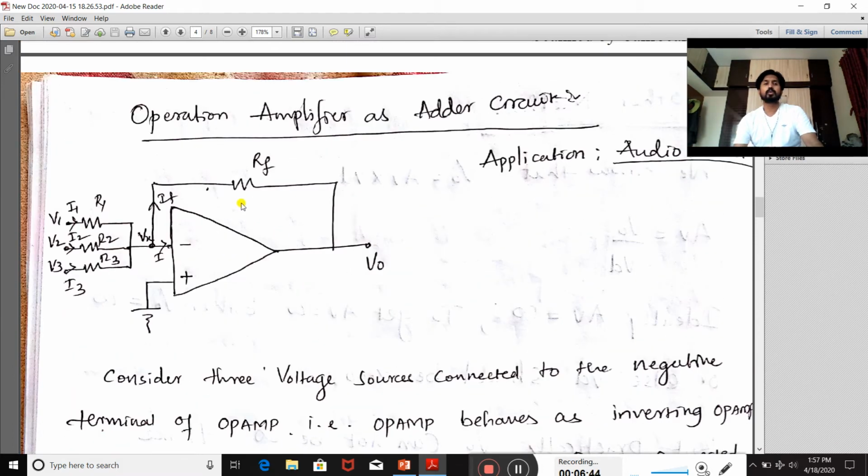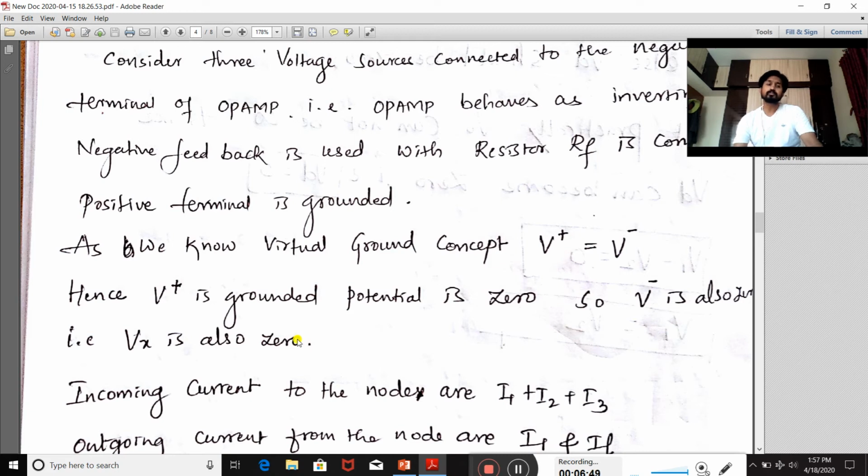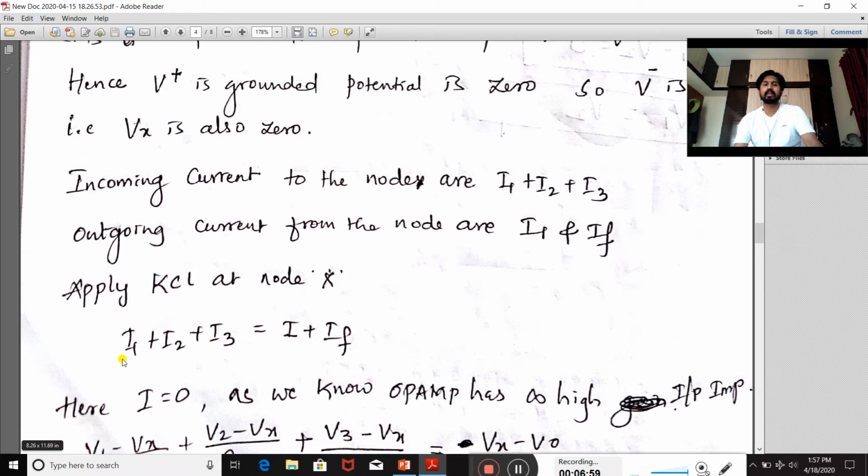Hence the node Vx is equal to 0. Now the incoming current is I1 plus I2 plus I3 and the outgoing currents from the node are I and IF. If we apply KCL, it becomes I1 plus I2 plus I3 equal to I plus IF. As we know that op amp has very high input impedance, this I becomes 0.